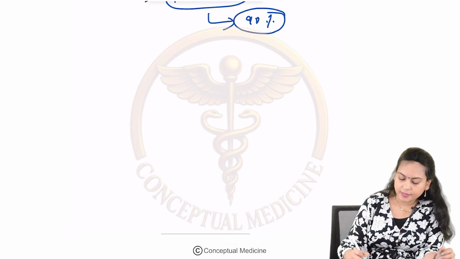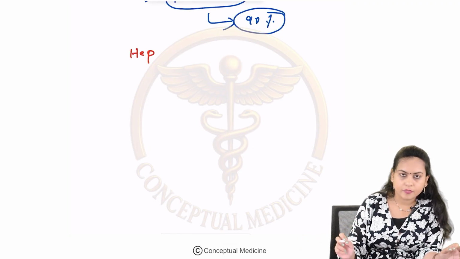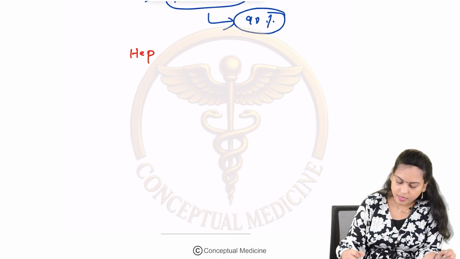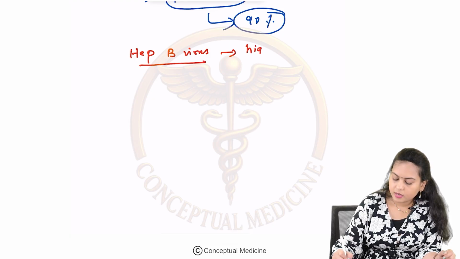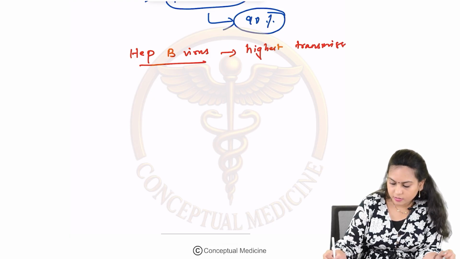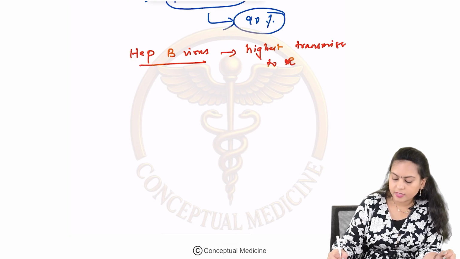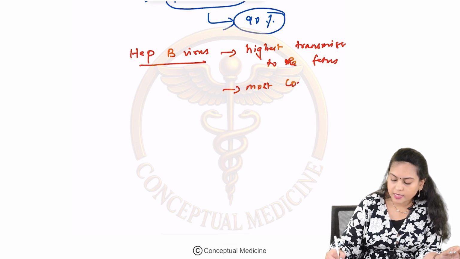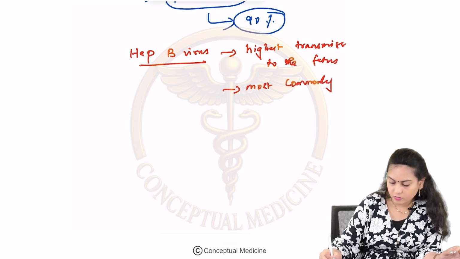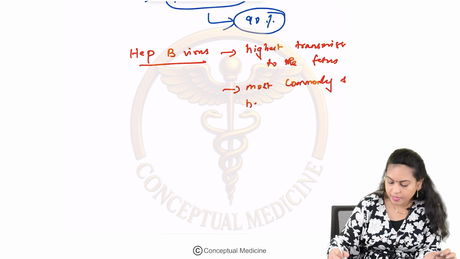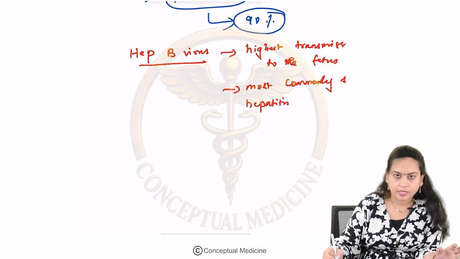Among these, remember one important fact: hepatitis B virus has the highest transmission to the fetus, and it is the most commonly seen hepatitis even in pregnancy.